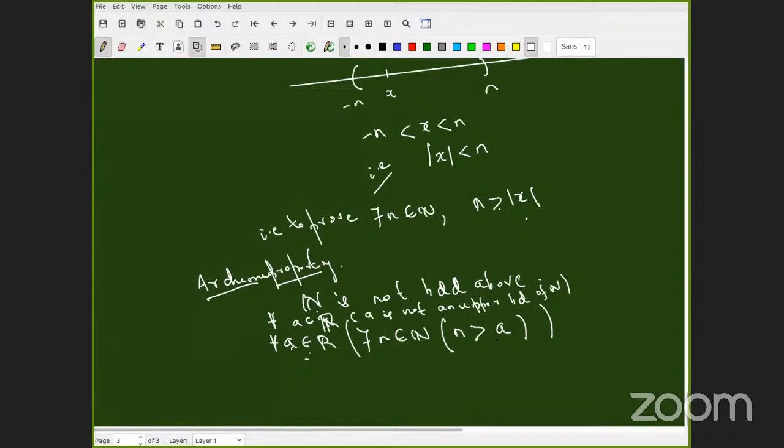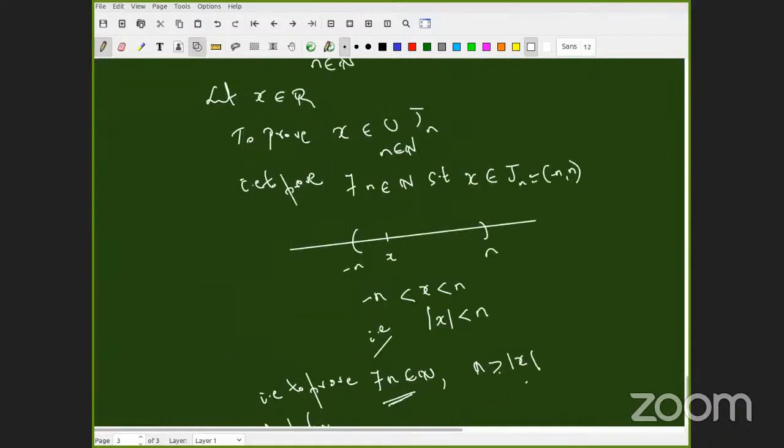So can you say, here I have used the Archimedean property? What is the choice of A for me? That's my question. Yeah, Rahul. Mod of X. Very good. I have used A equal to mod X. See, X is given to me.